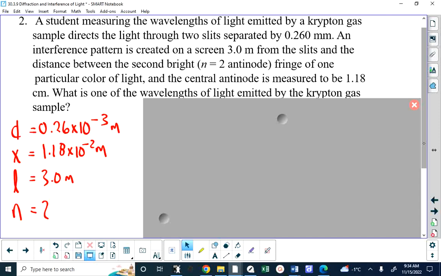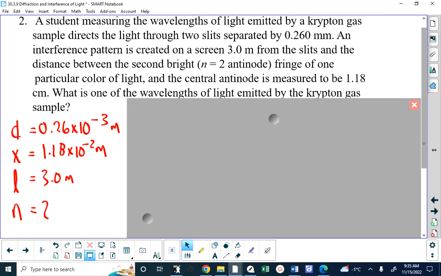It says the distance between the second bright fringe, so that's telling us n equals 2, and the central antinode, which is the middle, that distance from the middle to that second bright fringe is 1.18 centimeters, so that's x. L, of course, is this distance this way, which is 3 meters.